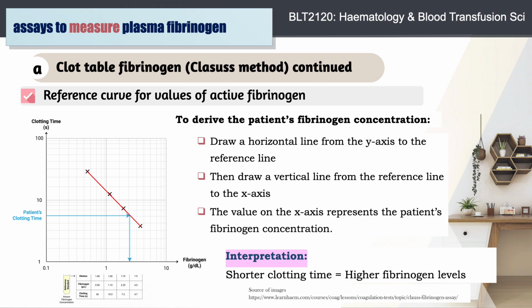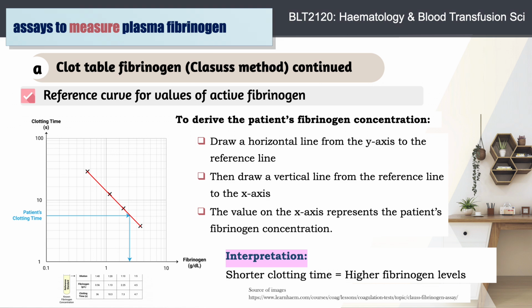So to derive the patient's fibrinogen concentration, using the charts shown on the left, we look for the clotting time, then draw a horizontal line from this clotting time to the y-axis, and we shall meet the curve.